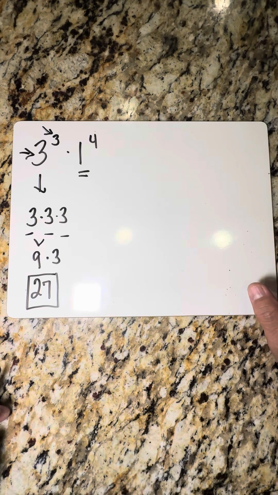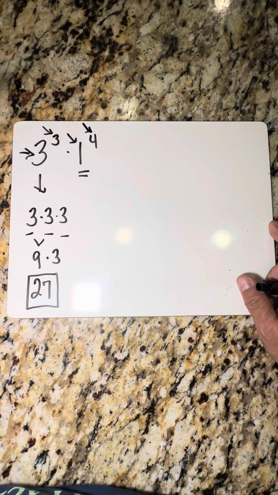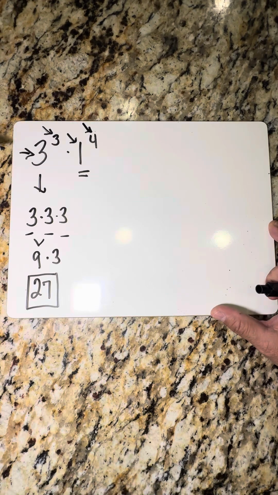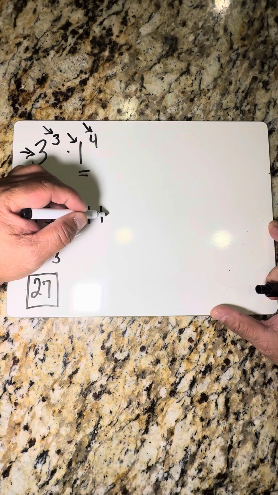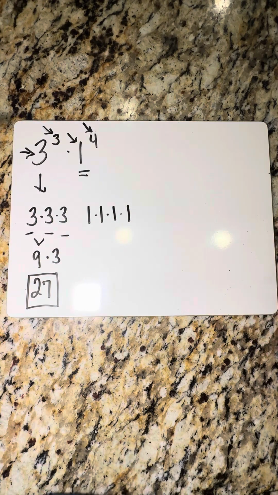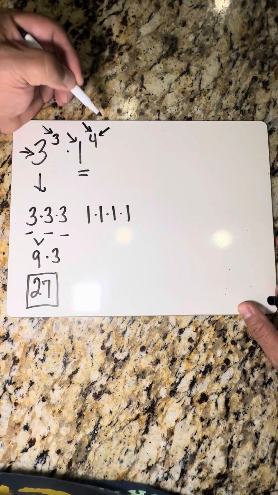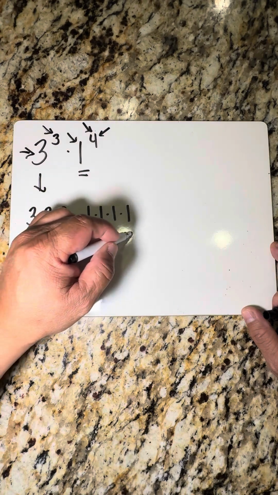It says 1 is your base number, and 4 is your exponent. So we're going to use 1 as the base number. How many times should you write it? It's going to be 4 times, just like the exponent says. So 1, 2, 3, 4.